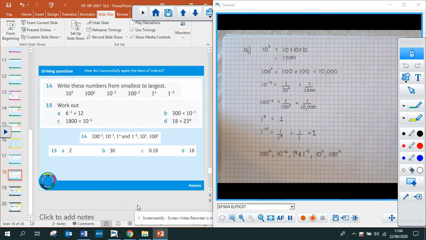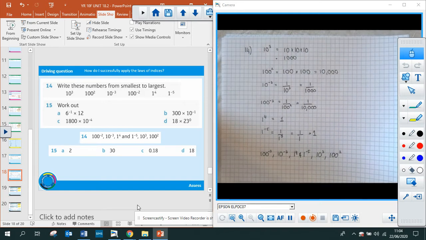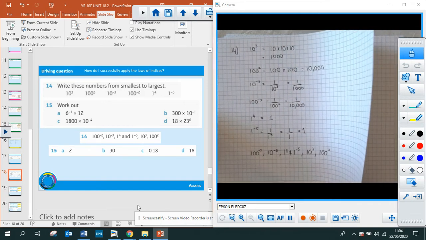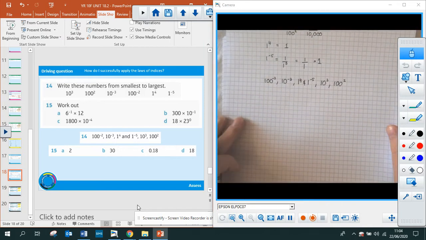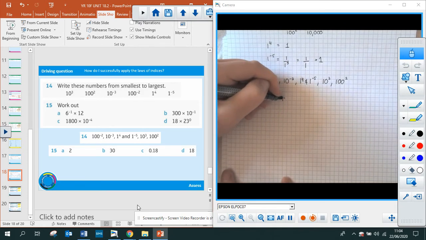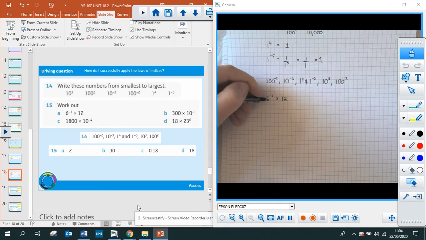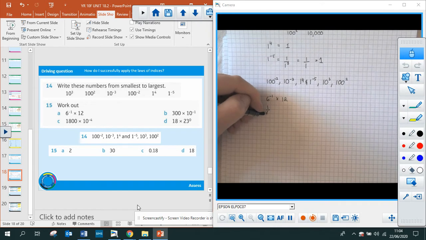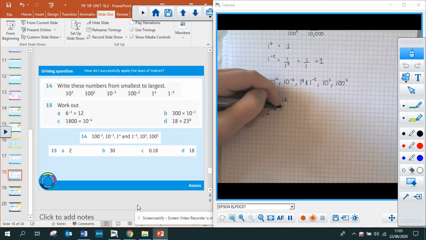Next one then, we're looking at those calculations that they want us to work out. So for 15a, we have 6 to the negative 1 multiplied by 12. We know 6 to the negative 1 is going to give us 1 over 6 times 12.